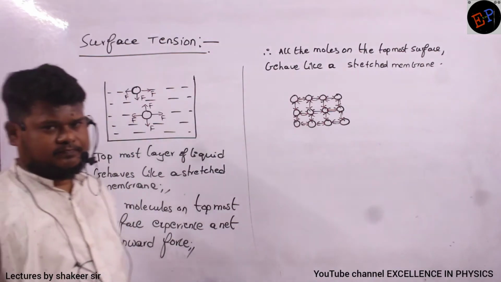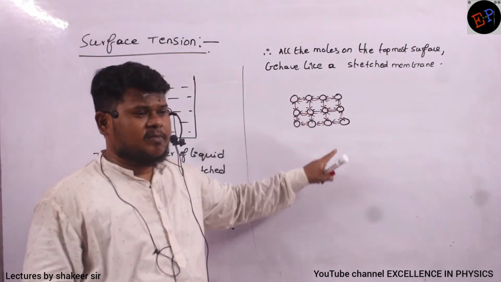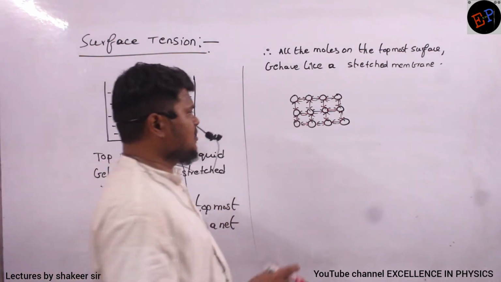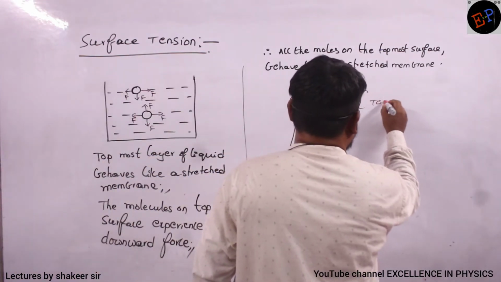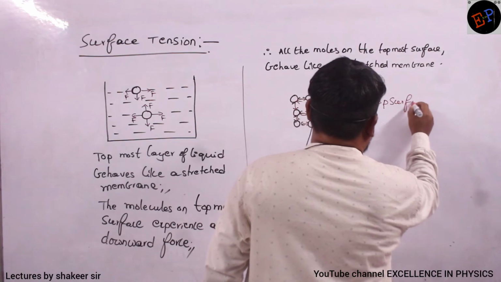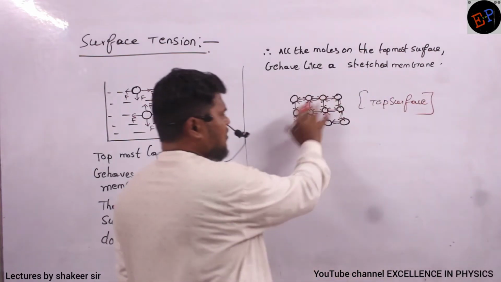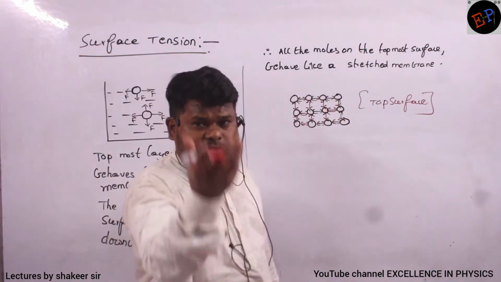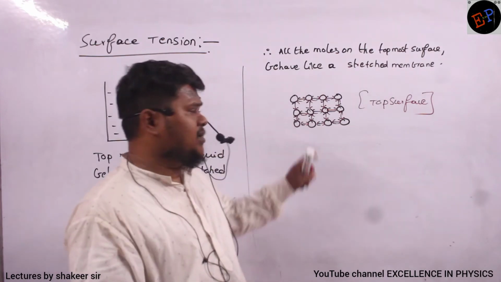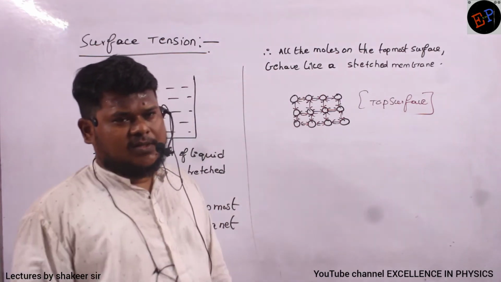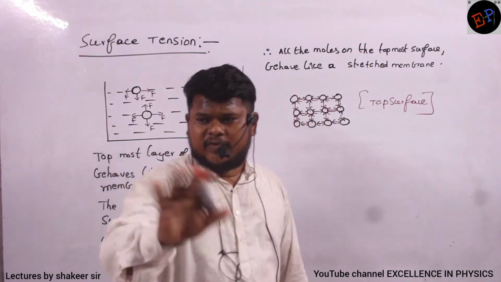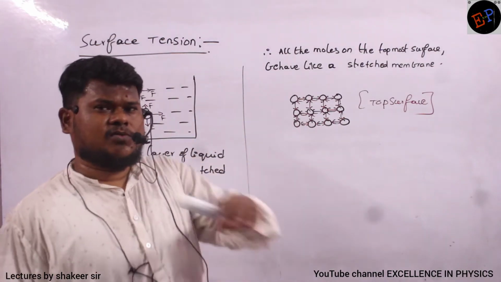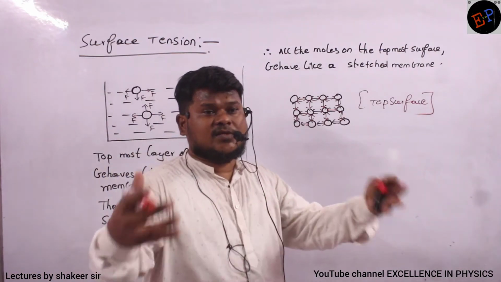I am taking only the top surface molecules. They have intermolecular forces between them, and all of them experience a downward force. So these molecules are not free to move. So only the top surface behaves like a stretched membrane.